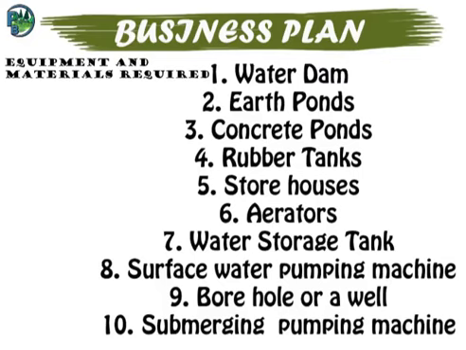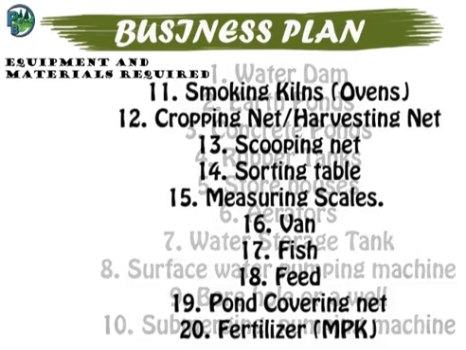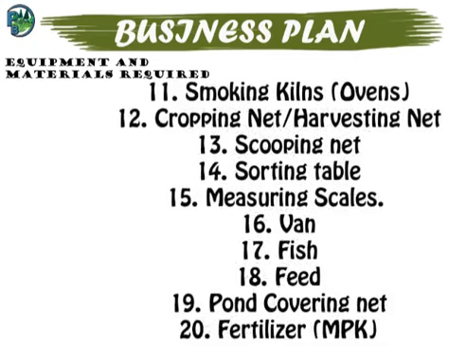6. Aerators. 7. Water storage tank. 8. Surface water pumping machine, borehole or a well. 10. Submersive pumping machine in the borehole or the well. 11. Smoking kiln, ovens. 12. Cropping nets or harvesting nets. 13.